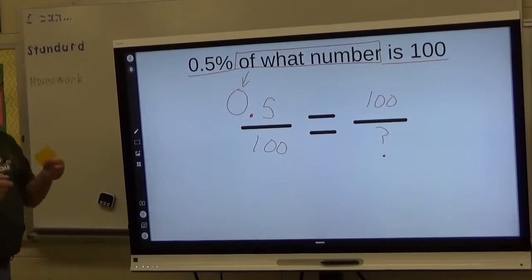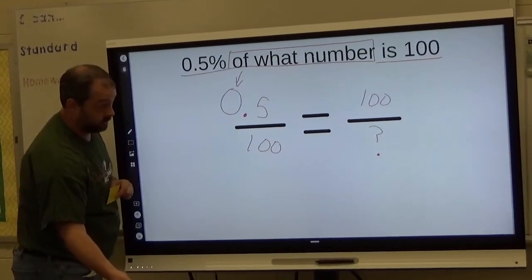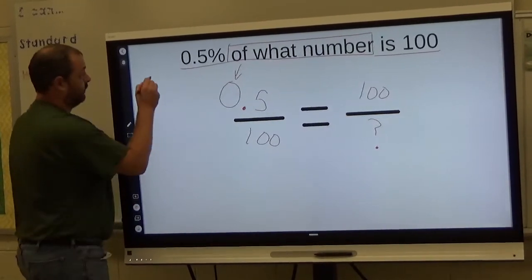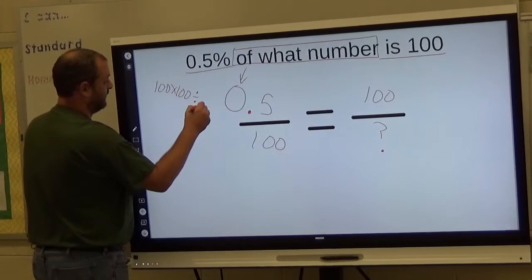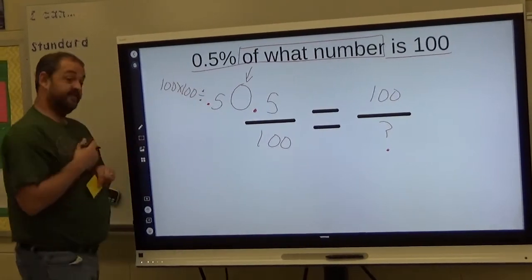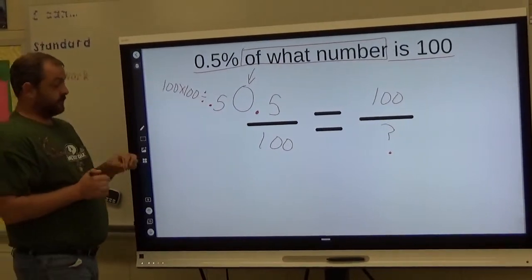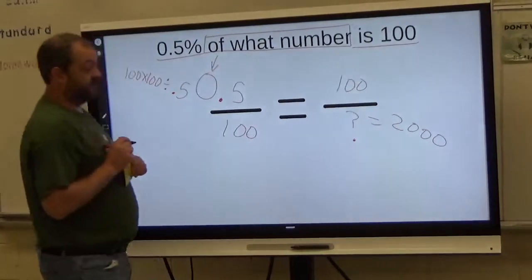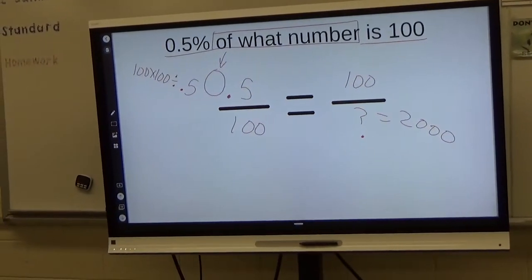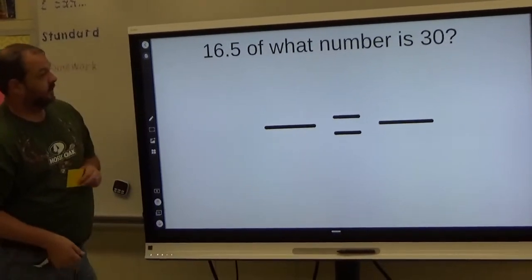So when you cross multiply and divide, go ahead and call it out. What do you put in the calculator? Okay, 100 times 100 divided by 5/10 or 0.5. And your answer is going to be 2,000. Ooh, I'd like to have $2,000 right about now. That'd really be nice. Okay, next problem.